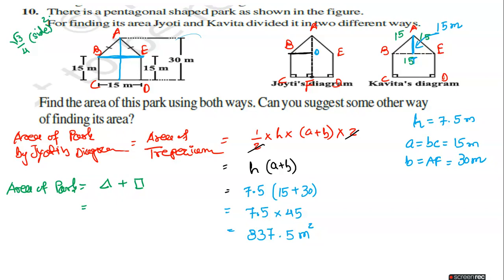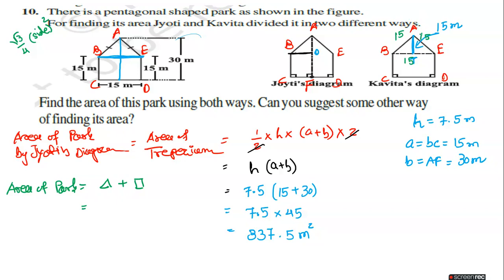Third, Heron's formula, which you people haven't learned. Actually, this root 3 by 4 into side square also you haven't learned, but I'm just telling you. Heron's formula: 15 plus 15 plus 15, that is the perimeter, AB plus BE plus AE.